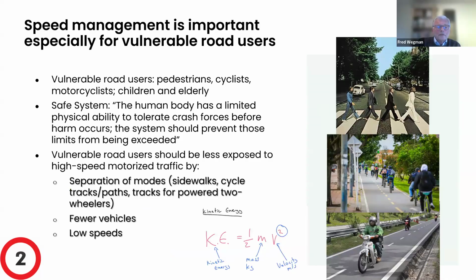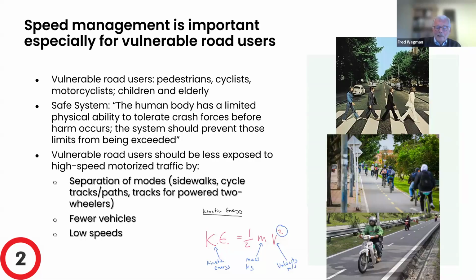Speed management is important for vulnerable road users. There's no doubt about that as well. And in the safe system approach, we have sentences such as the one I've written down here. The human body has a limited physical ability to tolerate crash forces before harm occurs. The system should prevent those limits from being exceeded.